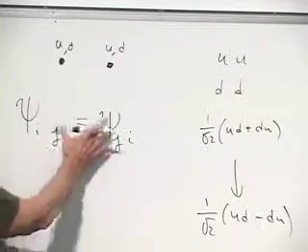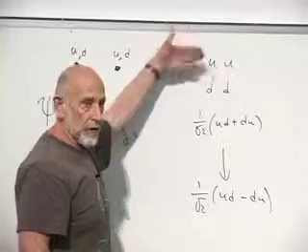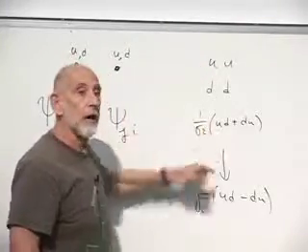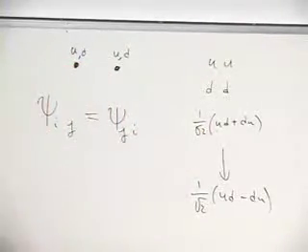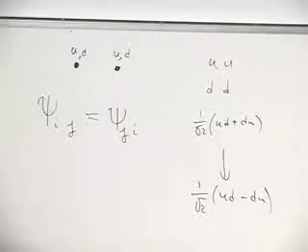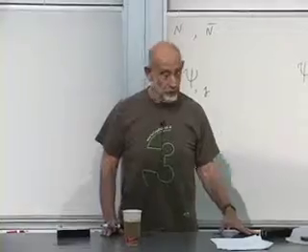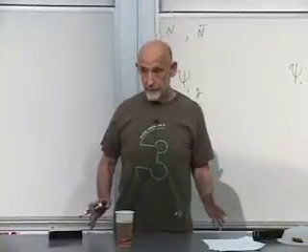So this is the symmetric combination. And how many linearly independent states are there? 3. A spin 1 multiplet. So when you take 2 half spins, one way of combining them gives you spin 1. And the other way is unique. There's only one antisymmetric combination: up down minus down up. It's a singlet. That means it just doesn't transform under the group at all. It's a scalar with respect to these group rotations. And that gives you the 0 spin combination.